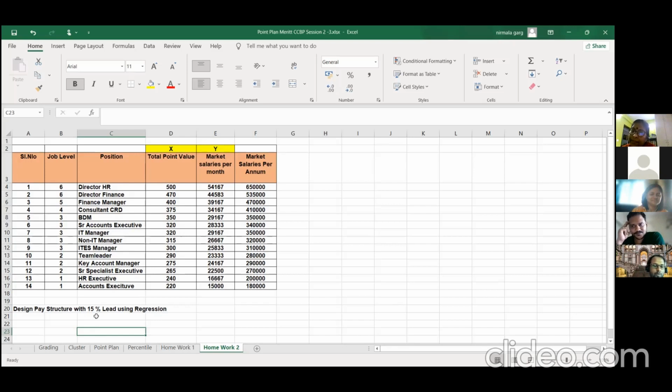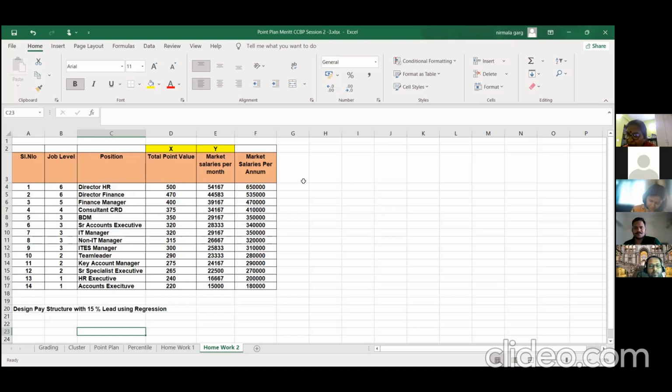In the second homework that you are saying, what do we have to do? Can you please come again? Step 1. You have point value and you have salaries per month. What will you do now? Generate the pay lines. Forget about this F column. You will get a pay line salary, right? That pay line salary per month is your market median salary.